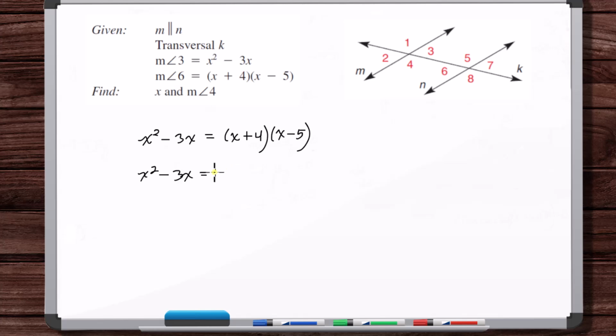Looks like we're going to get a quadratic equation here. So x squared minus 5x plus 4x, that's minus x, and then minus 20. But the x squared terms subtract out, so it's not going to be a quadratic equation. Adding 3x to both sides, minus x plus 3x is 2x.